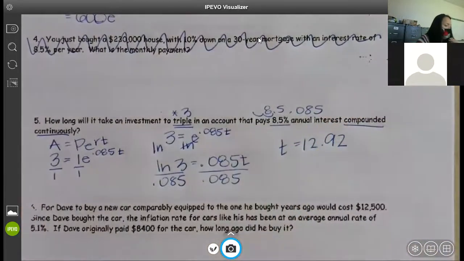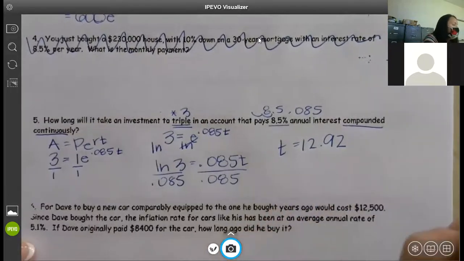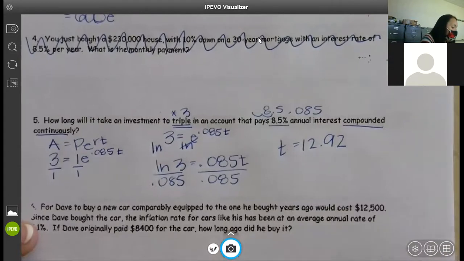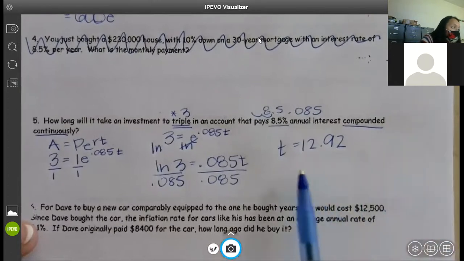So approximately how long will it take to triple your account? Is it 12?